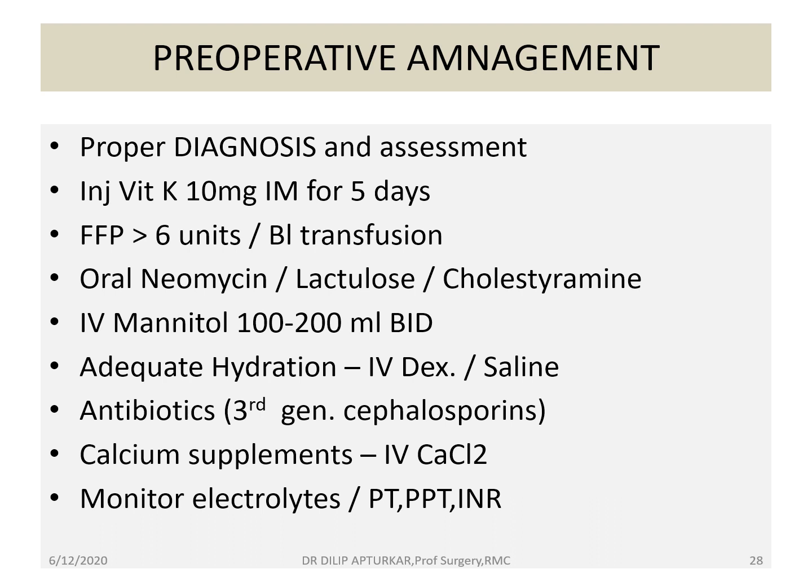A third-generation cephalosporin can be given as a prophylactic antibiotic, and in case of cholangitis or if leukocytosis is there. Calcium supplements are given in the form of calcium chloride IV. Now we should monitor electrolytes, prothrombin time, PTT, and INR to correct the coagulopathy.